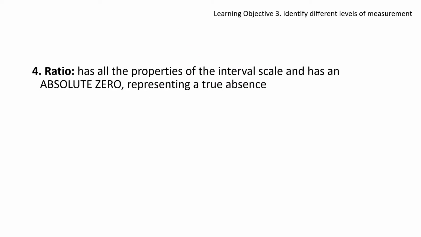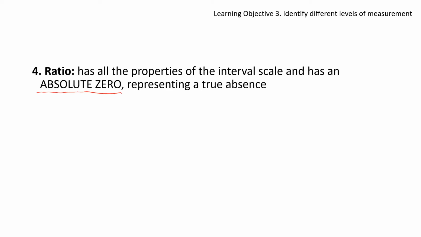The final level of measurement is ratio. We take all that we've talked about before up to interval, but now we are going to apply an absolute zero. So 0 means a true absence of.